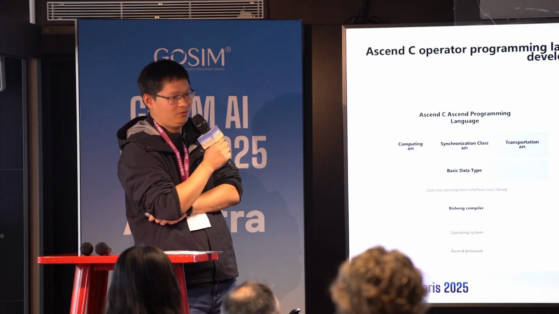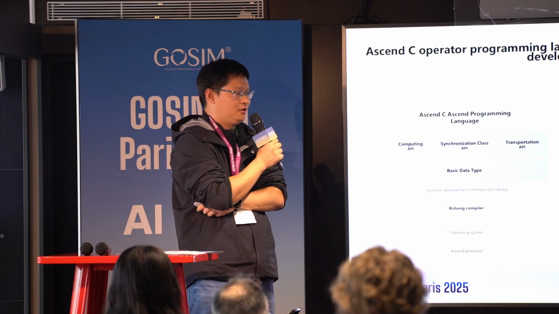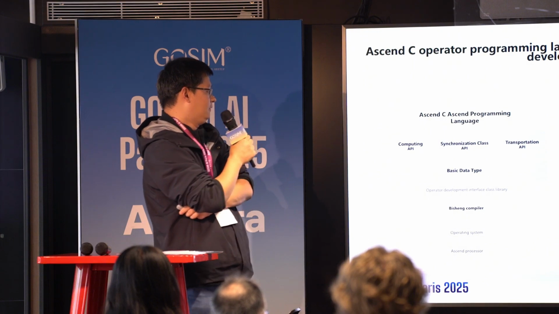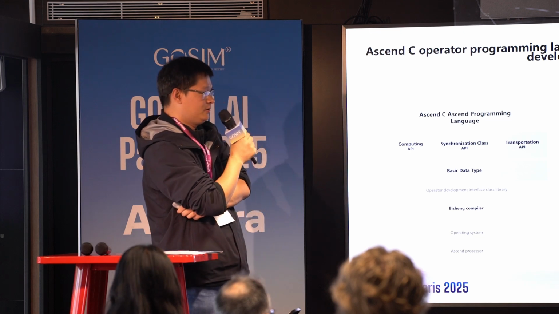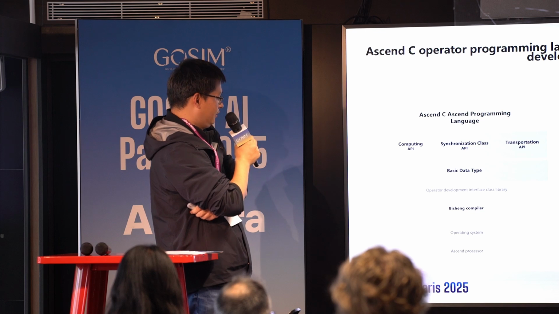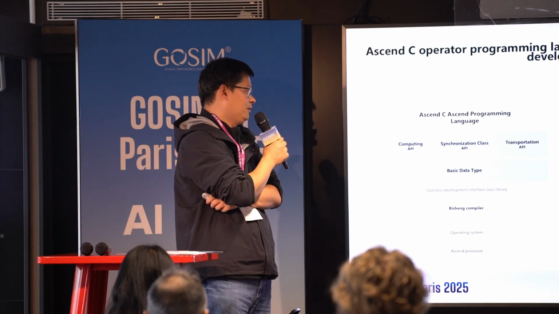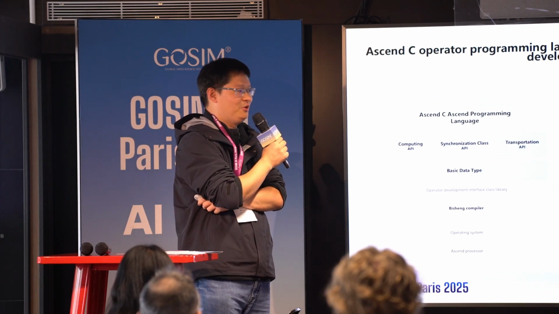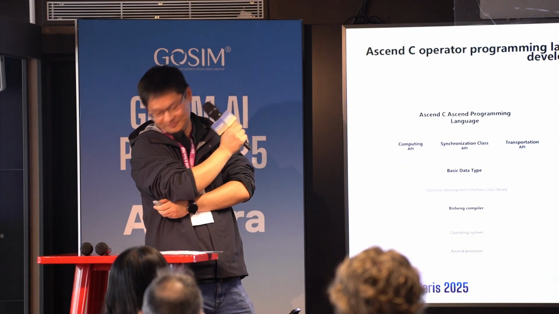They can just write the operators they want using high-level APIs. For example, on the right side, users can just call high-level APIs, for example, copy in, copy out, and some others, for example, stream and event, which maybe you know from CUDA.